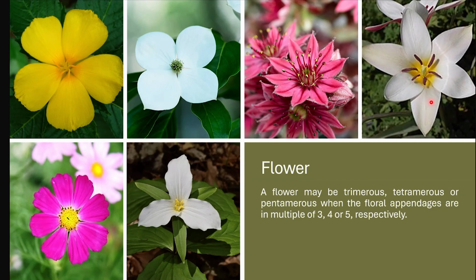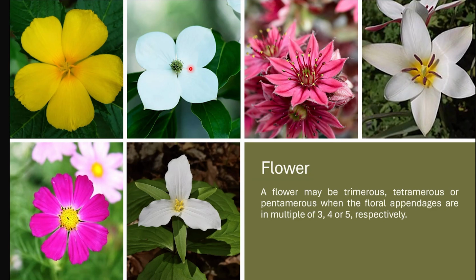Similarly, I would invite you to spot tetramerous and pentamerous plants. For example, the first obvious one is this. This is obviously tetramerous, right? It has 4 petals, 1, 2, 3, 4, so it is tetramerous, and this one has 1, 2, 3, 4, 5, 6, 7, 8, a multiple of 4.